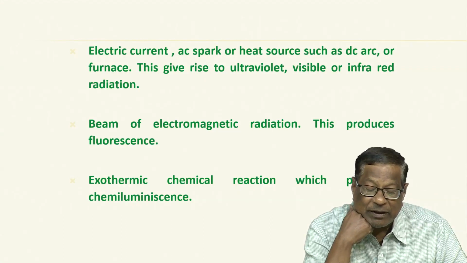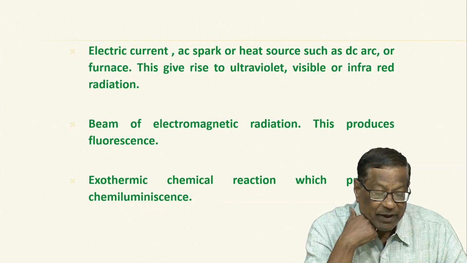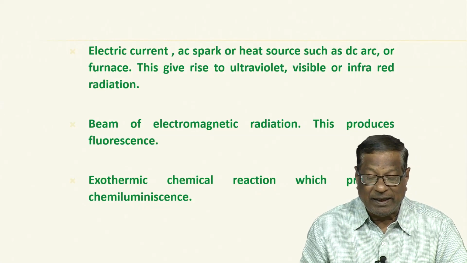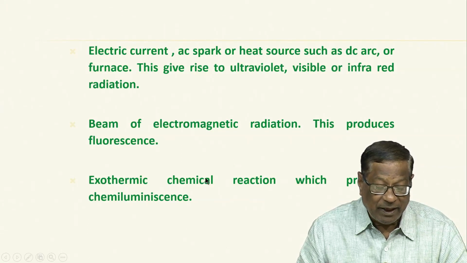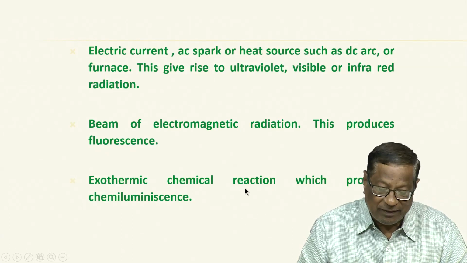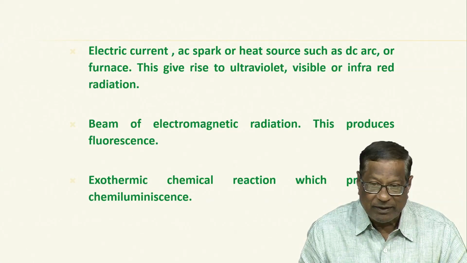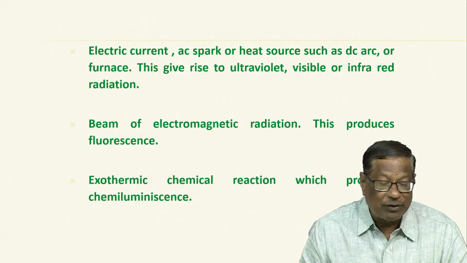This gives rise to ultraviolet, visible light, infrared radiation, etc. A beam of electromagnetic radiation produces fluorescence sometimes. An exothermic chemical reaction produces chemiluminescence. We are not going to consider any of this, but these are the different things you should be knowing about.